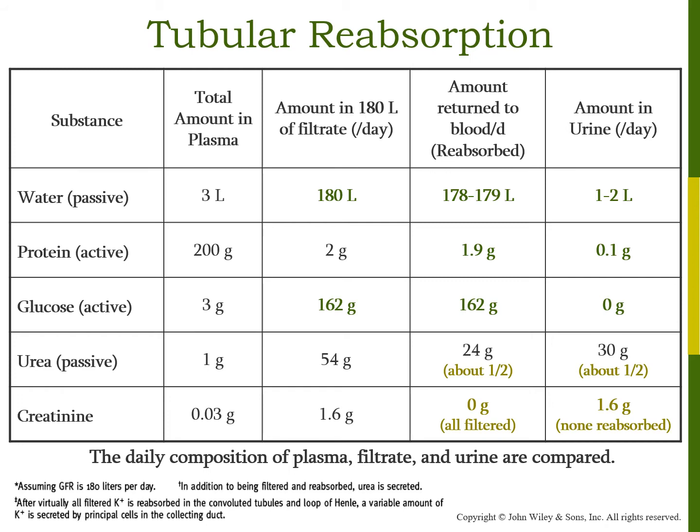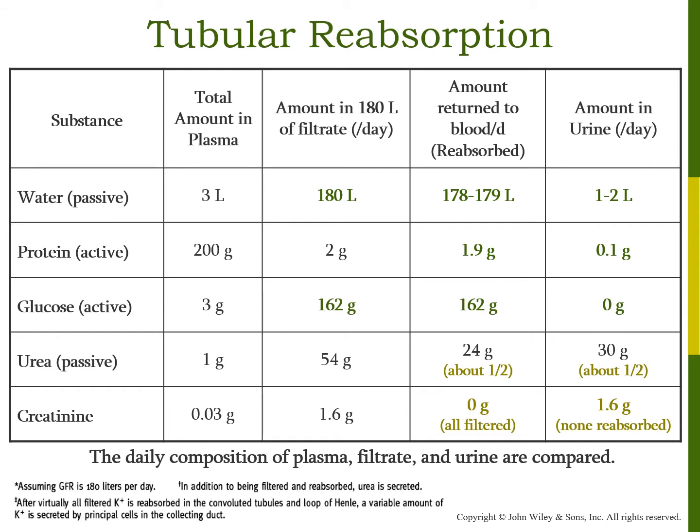Proteins usually are not filtered, they stay in the plasma, but small amounts, up to 2 grams per day, may be filtered out because the filtration membrane is a little more permeable than your regular systemic capillary bed. So the filtered proteins are reabsorbed, mostly, leaving only 0.1 grams in the urine as a normal amount.